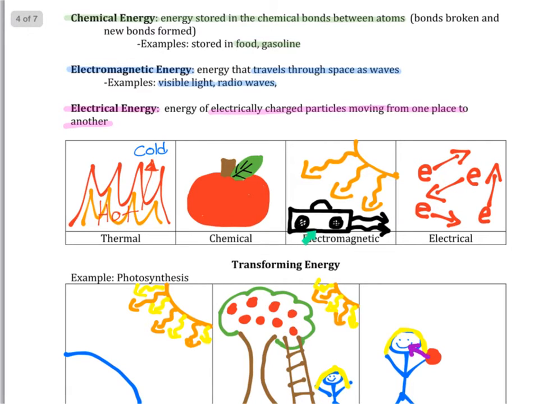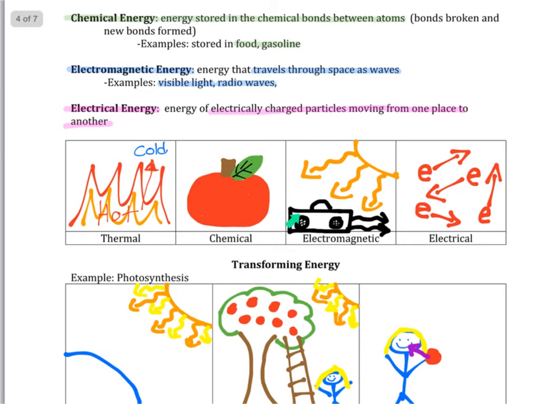I drew electromagnetic energy by drawing a picture of the sun because we're not physically touching the sun, but we do feel its heat. And the way that we do that is because its electromagnetic energy, the visible light we see, travels through space as waves.